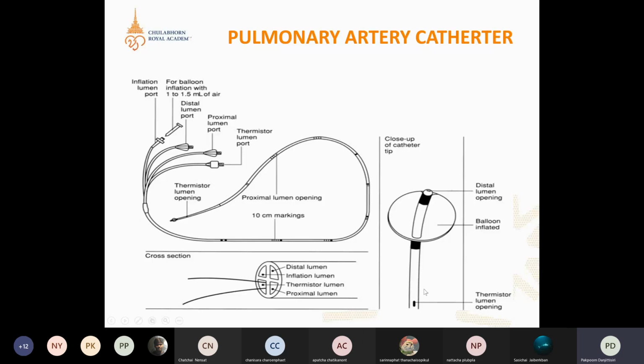It is beneficial for recording the change of blood temperature, which we are going to talk about again in the cardiac output finding of the thermodilution technique.